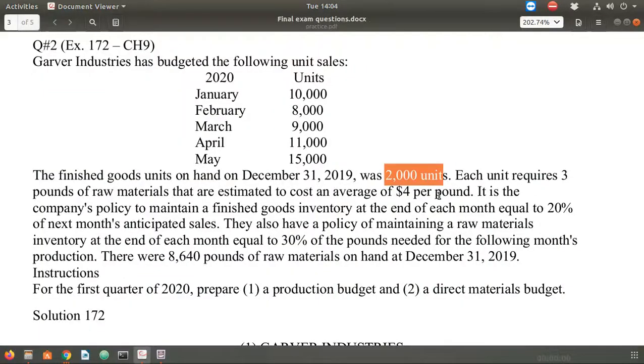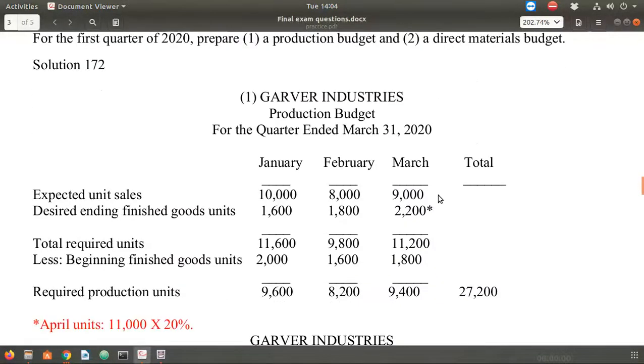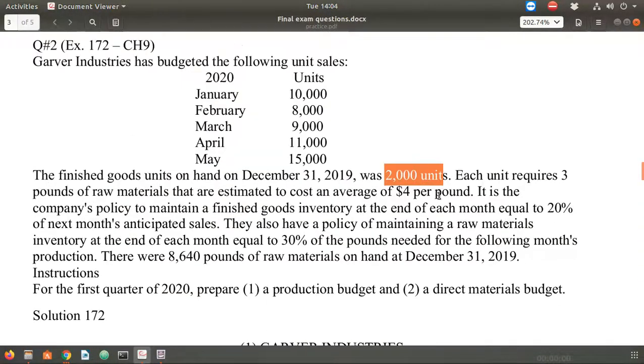Just a minute, let me see which comes first. Okay, I'll write desired ending finished goods inventory. I'm sorry.